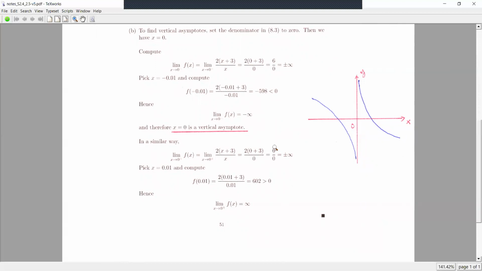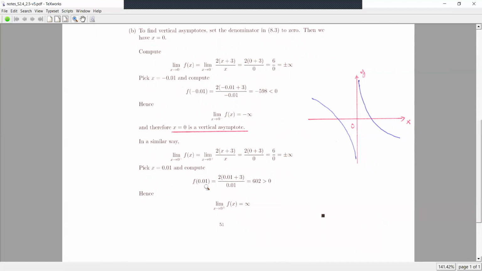It is 6 over 0. 6 over 0 is either positive or negative infinity. To determine the sign, I pick a point close to 0, but on the right side. Say I pick 0.01.